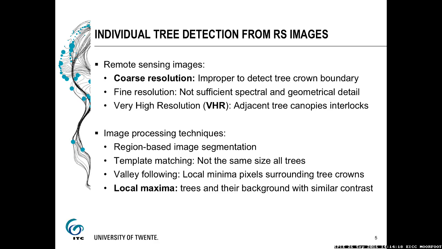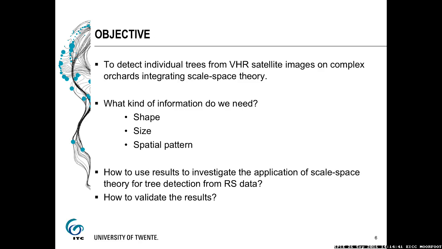Valley following considers the local minima pixels surrounding the tree crowns, which is good for edge detection. And an early example is with local maxima. They studied trees and backgrounds with similar contrast, which is a problem for the local maxima technique.